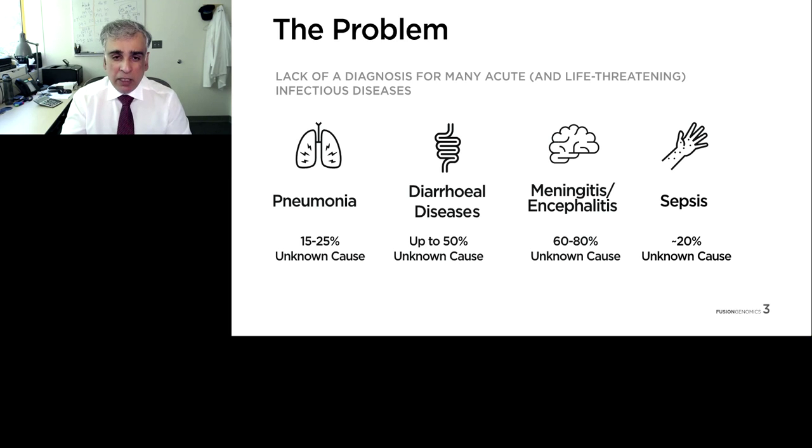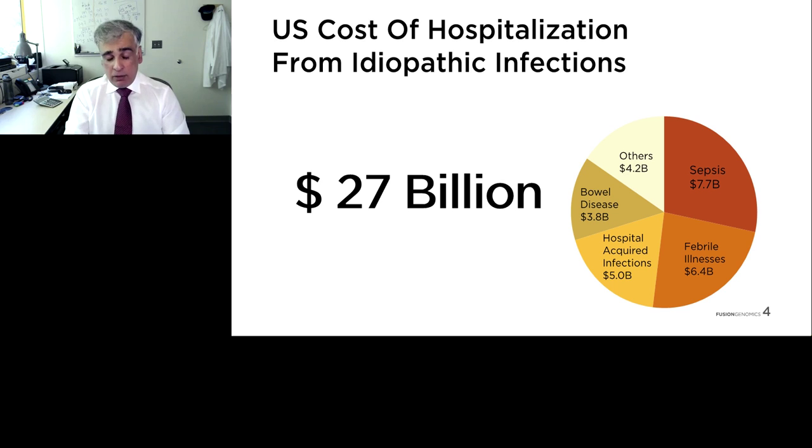And that burden can be viewed, by conservative estimates and published data, as follows: the cost of a patient remaining undiagnosed because of idiopathic or undiagnosed infections during their stay in a hospital, the yearly cost in the United States alone, is approximately $27 billion.